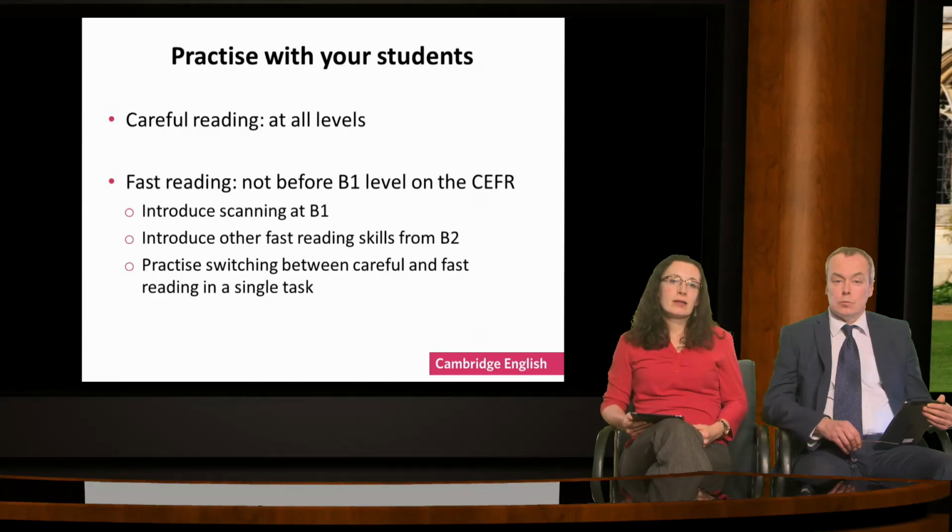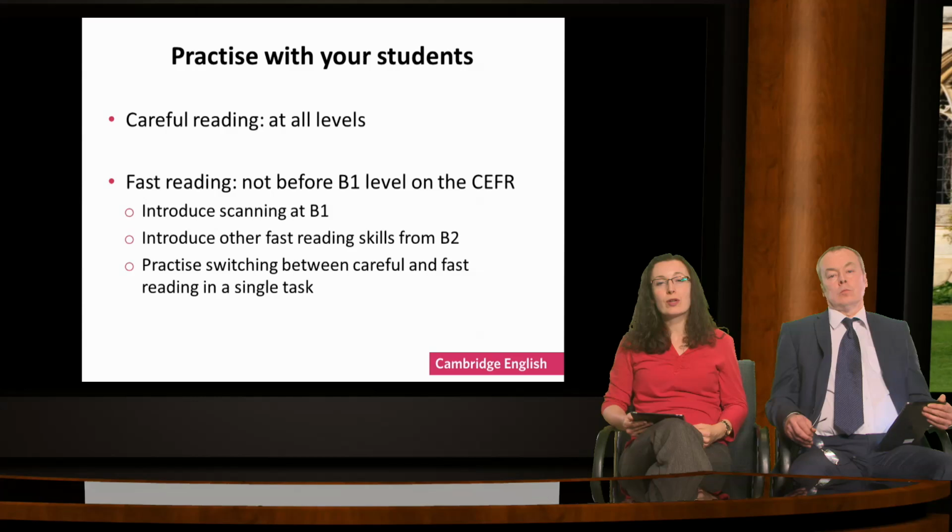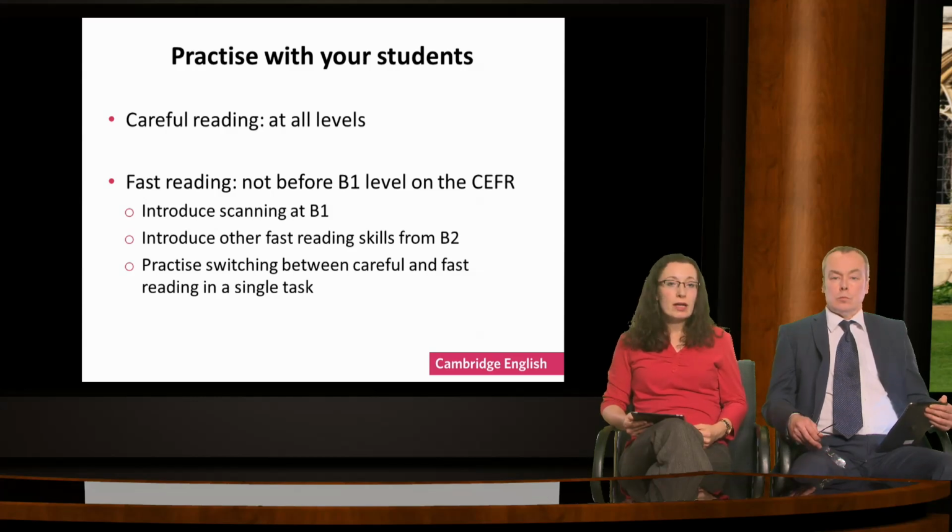Bear in mind that some types of fast reading are more challenging than others, so introduce scanning, searching for exact word matches in a text, as a less challenging type of fast reading at B1 level on the CEFR. From B2 onwards, teach them more challenging types of fast reading, such as skimming for gist and searching for predetermined information. You'll need to practice both careful and fast reading with your students and also practice switching between the two in a single task.